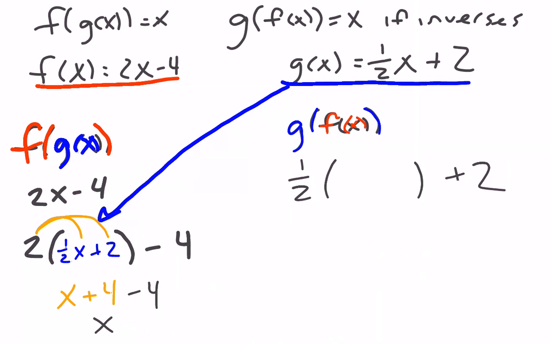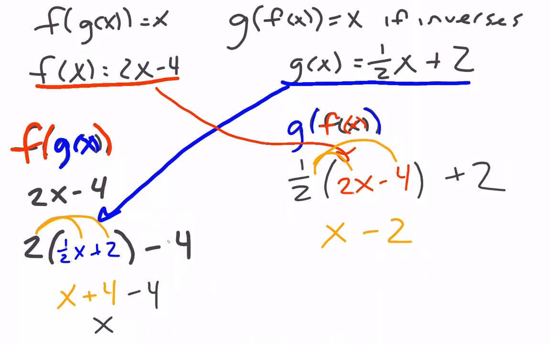And in this case, the something I'm going to put in here is 2x minus 4. And now I do the same thing, distribute. 1/2 times 2x would be x. 1/2 times negative 4 would be negative 2. And I have this plus 2 hanging out. And those are going to reduce to 0, so my final answer is, once again, x.